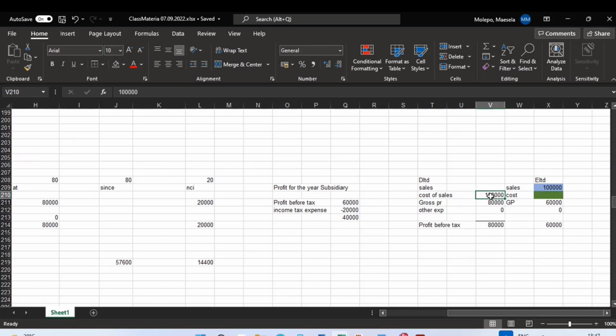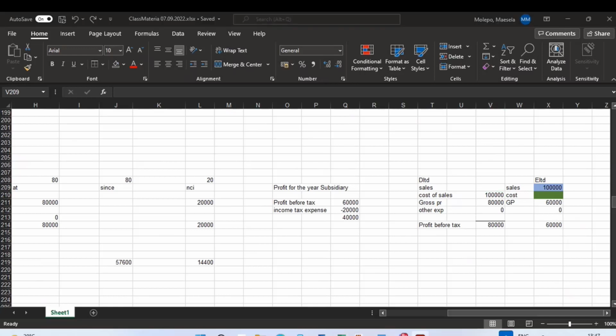So this one should come as 100. The revenue, he sold how much? We don't know the sales that he made. Now we want to prove the opening balance. D Limited has an opening balance of 40.